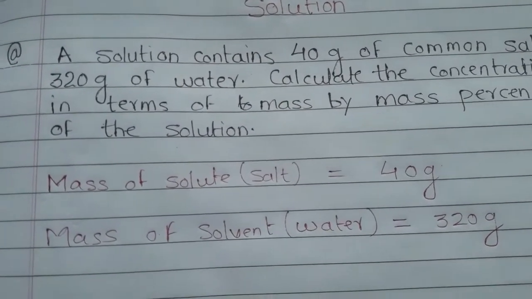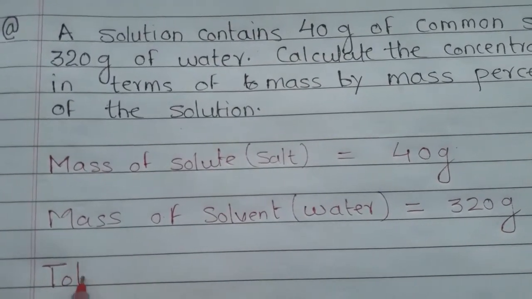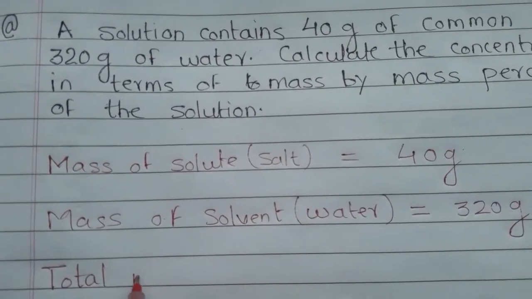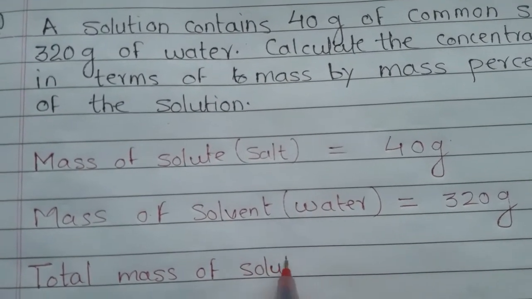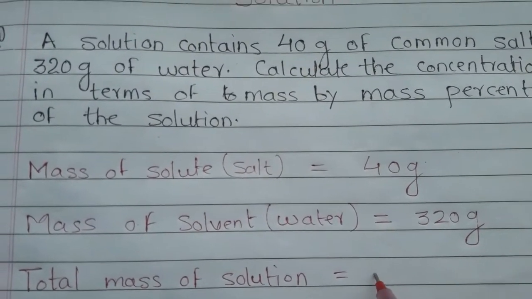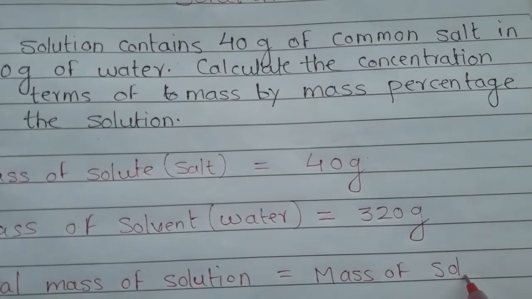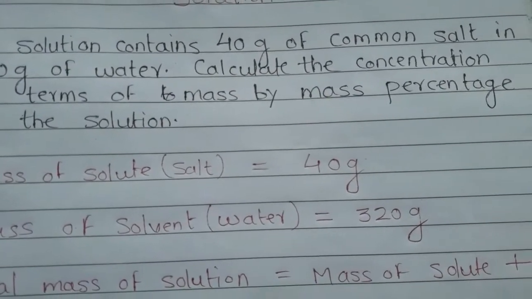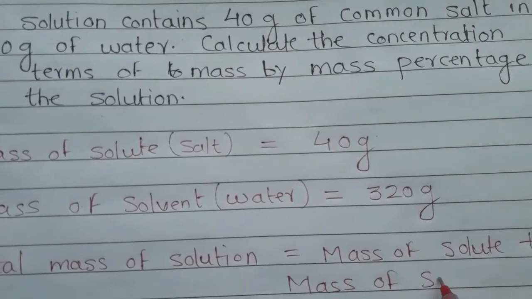All right, so here we have got the given information. So let's see what will be the total mass of this solution. So here we will find out the total mass of solution. So as we know, total mass of solution is mass of solute plus mass of solvent.